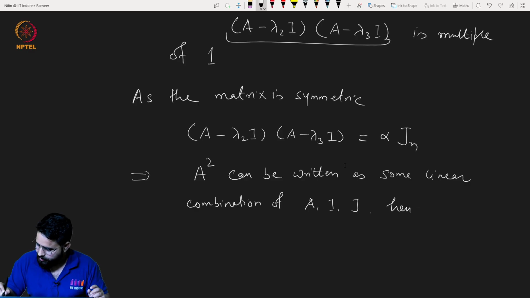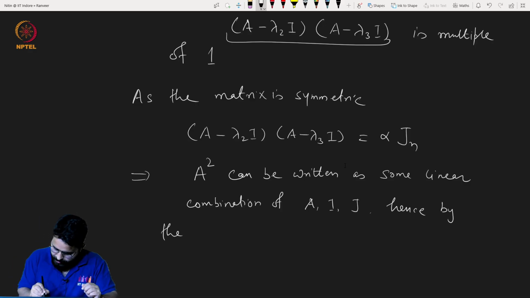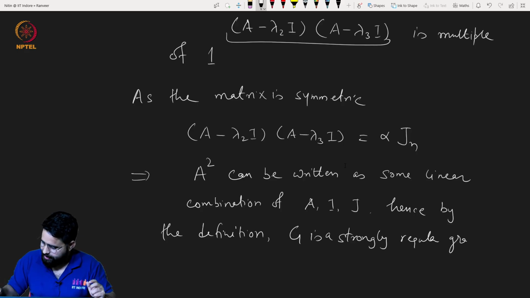Hence, by the definition, G is a strongly regular graph.